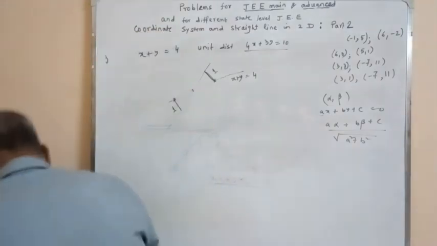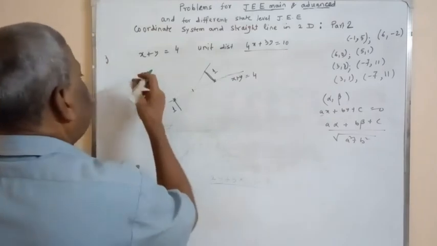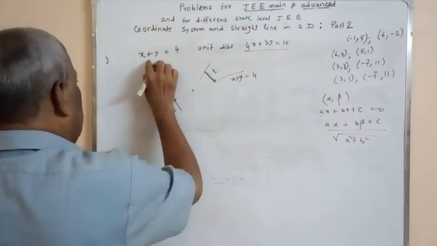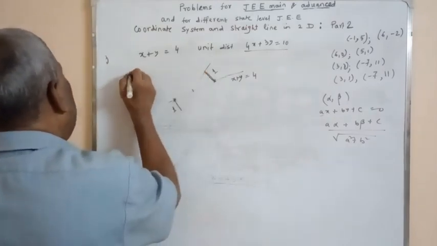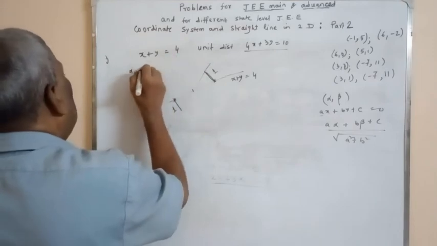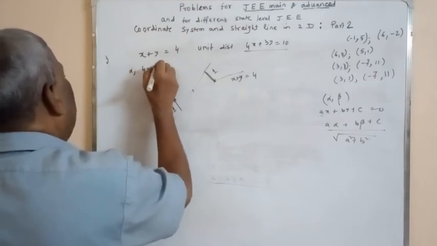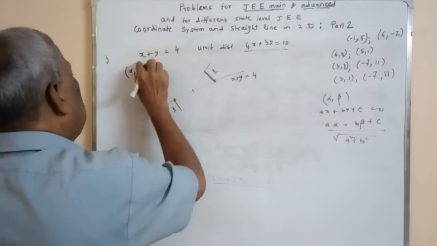Now suppose, just 1 minute, any point on that line is, say, alpha comma 4 minus alpha. How? Any point on that.